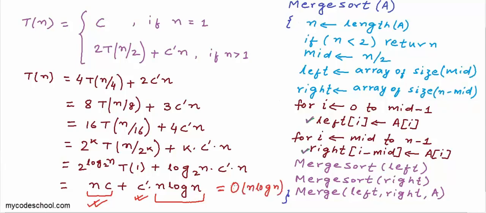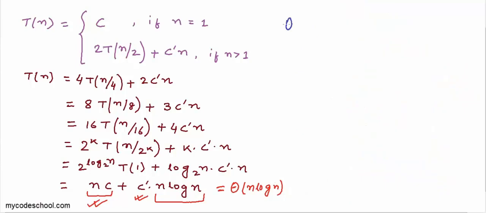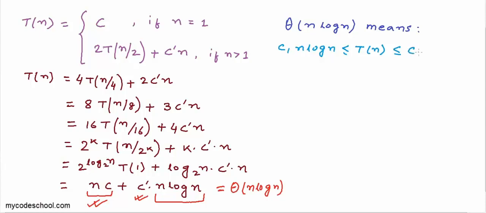In fact, this will also be equal to theta of n log n. Theta of n log n here means that for some constants c1 and c2, T(n), which is equal to nc plus c dash into n log n, will be greater than or equal to c1 times n log n and less than or equal to c2 times n log n if n is greater than or equal to some constant n naught.